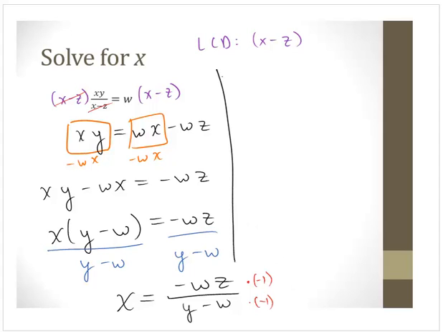Multiplying through by the negative 1, I would have x is equal to negative wz times negative 1 is wz, and y minus w times negative 1. So notice that negative 1 times the negative w would give me a positive w, and the negative 1 times the y would give me a minus y. And this is also an acceptable form.